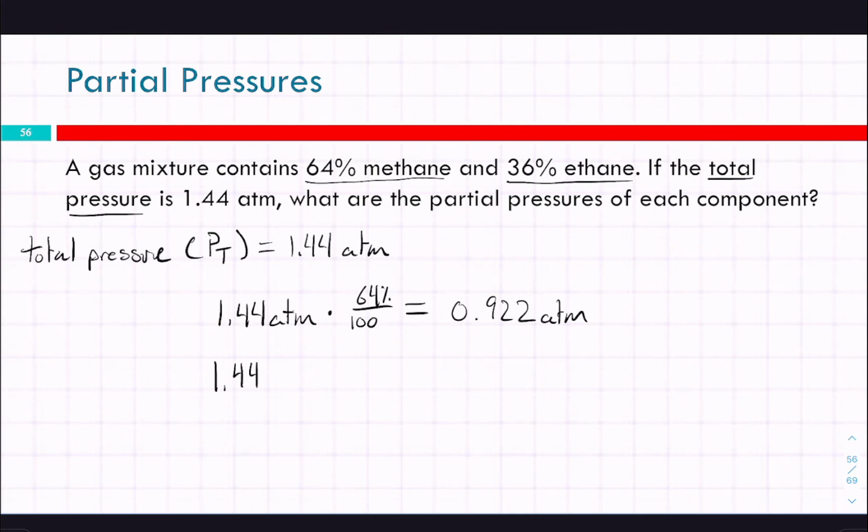So then for ethane, let me write this out. This is methane. We'll again take our 1.44 atmospheres and multiply by 36% over 100. So 1.44 times 0.36 will give us 0.51.